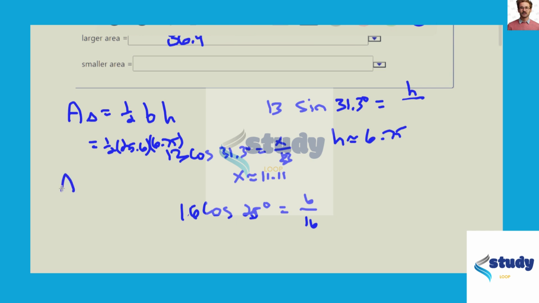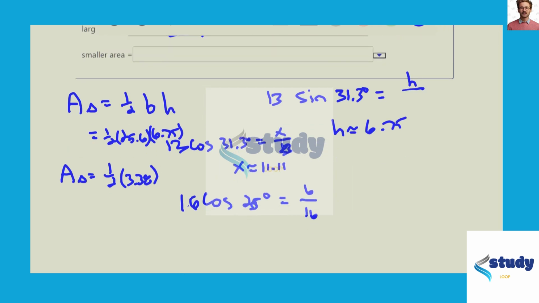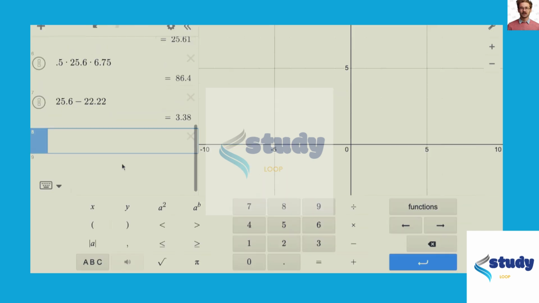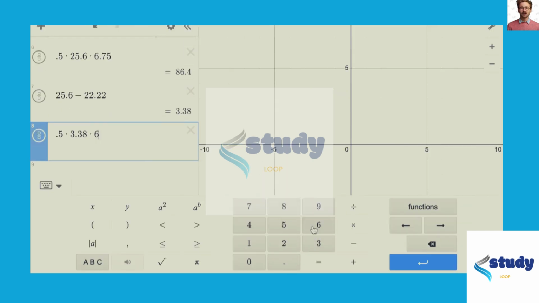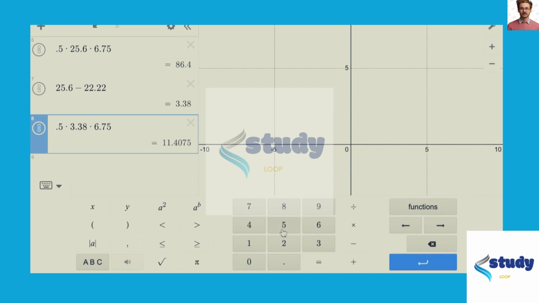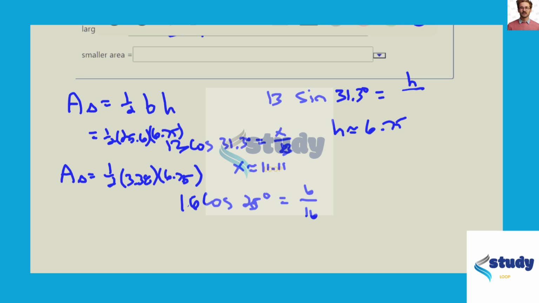And so the smaller triangle would be 1/2 base of 3.38 times the height of 6.75, or 11.4 to the nearest tenth.